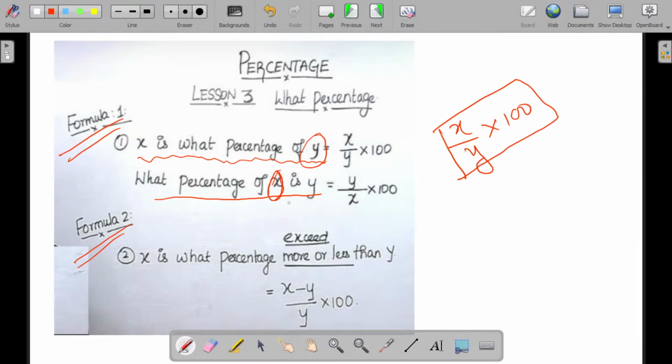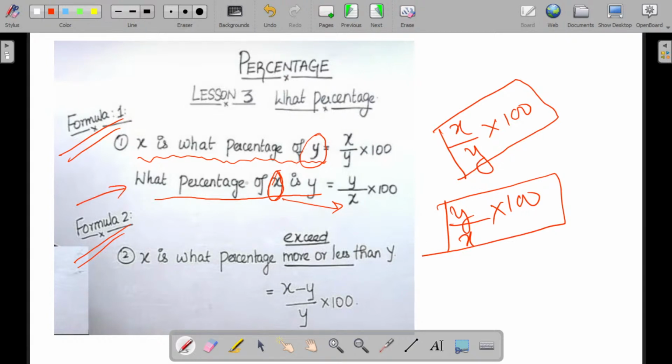So this x will come to the denominator here. What percentage of x is y? So x will come to the denominator. So there are two cases you have to remember, if in the problem statement you find such type of statement, okay, x is what percentage of y?